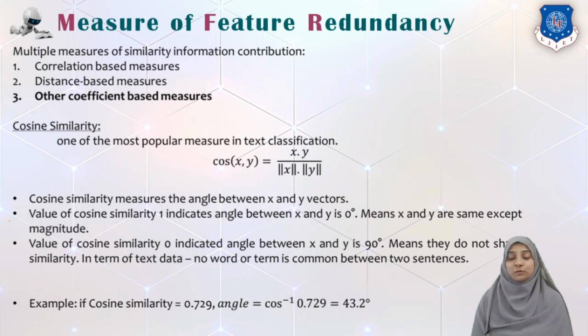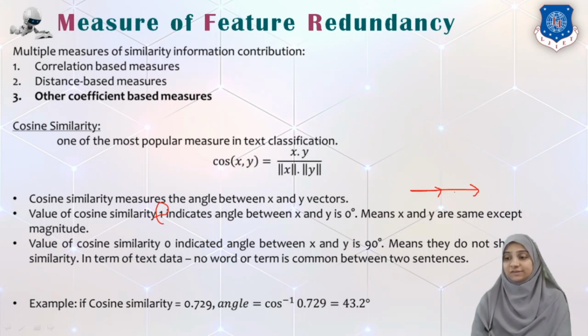So a cosine similarity value of 1 indicates the angle between x and y is 0 degrees. We take a cosine inverse of a given value to find out the angle between these two vectors. So if this cosine value is 1, that means x and y have the same angle, that means 0 degrees.